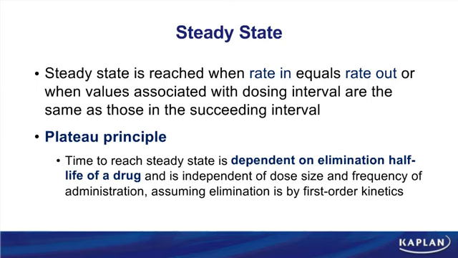You don't have a consistent half-life, so your time to steady state will be variable for those drugs. That's not where we go with the test question. We go after those first-order kinetics drugs, those that follow the rule on time to steady state being dependent upon their half-life.